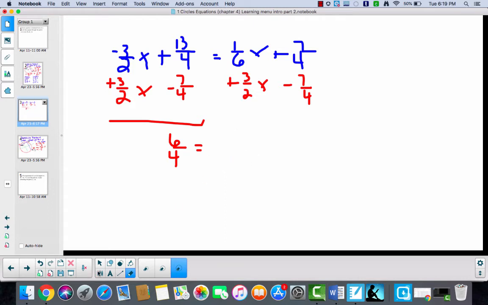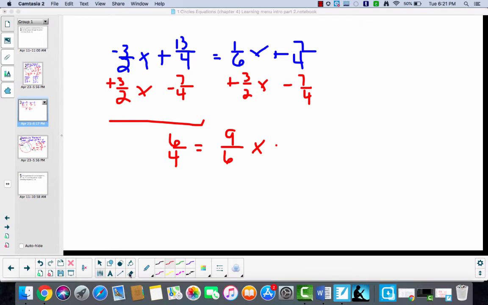Let's try that again. 9/6. But I need to move this to the other side, so I can divide by 9/6 or I can multiply. All right, did you catch my mistake?